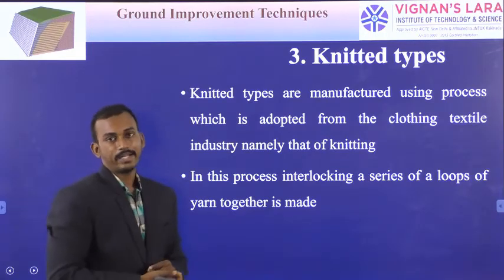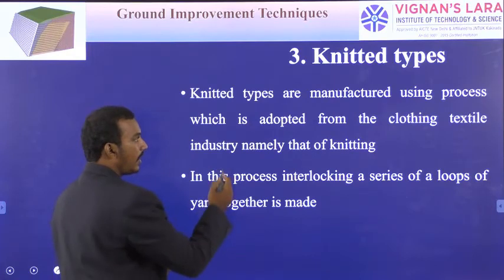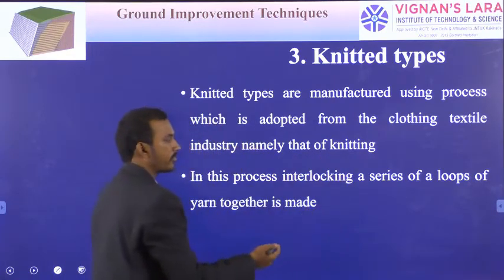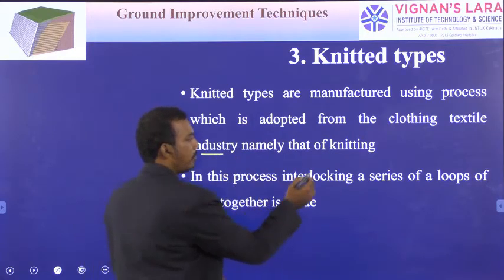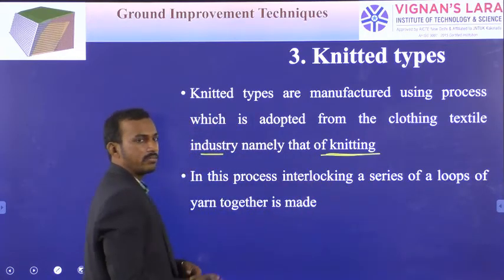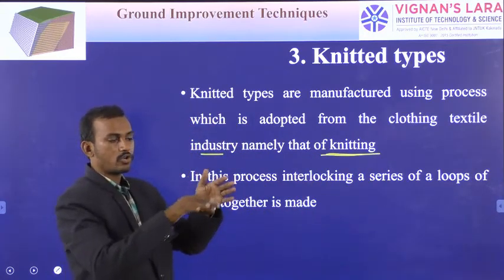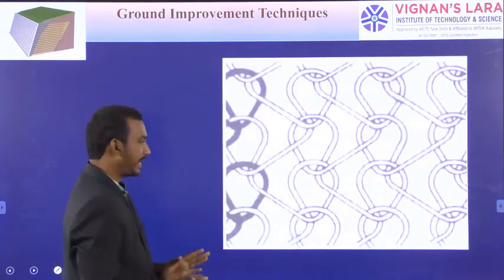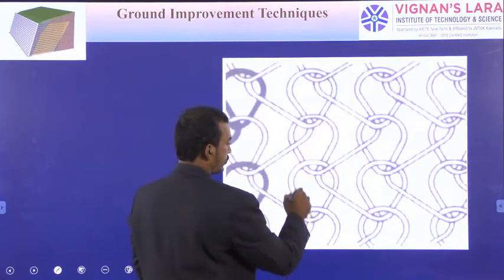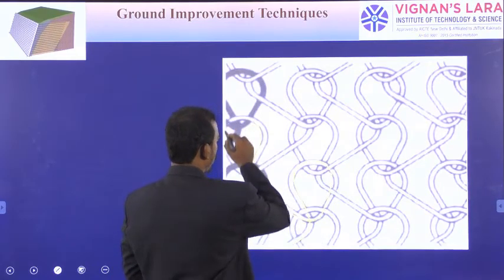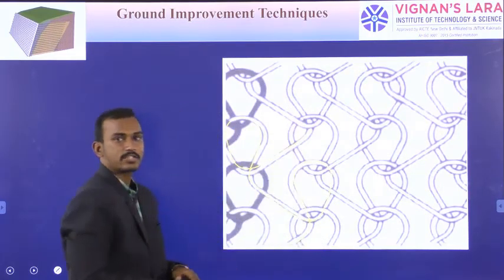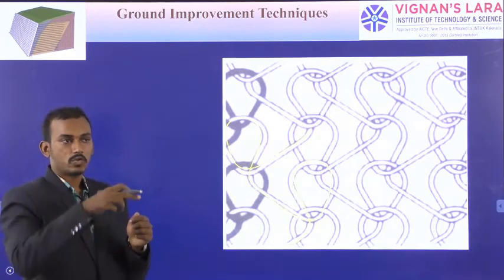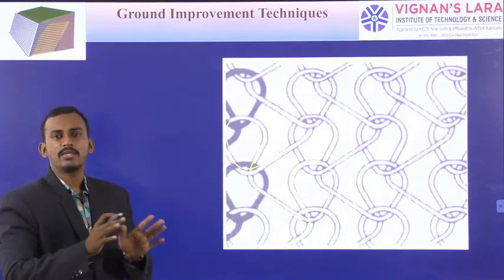The next one is knitted types, the third type. Knitted types are manufactured using a process adapted from the clothing textile industry, namely knitting. Knitting means jointing. The process of making threads interlock with each other is known as a knitting action. If you see a badminton bat, that is a knitted wire, connected like a series in a proper way.